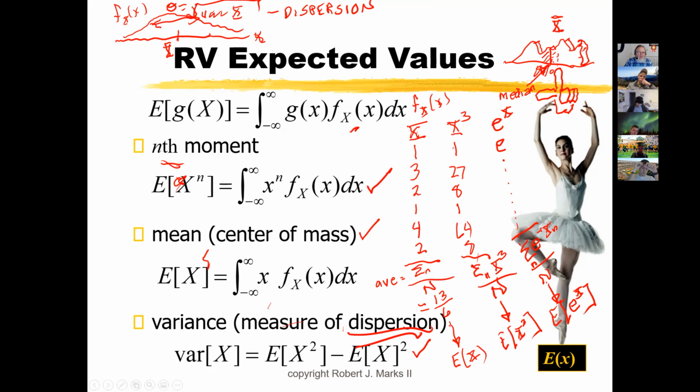Then there is this x bar up here, which is a measure of central tendency. The central tendency tells you where the density function is centered. One of those measures is the mean.